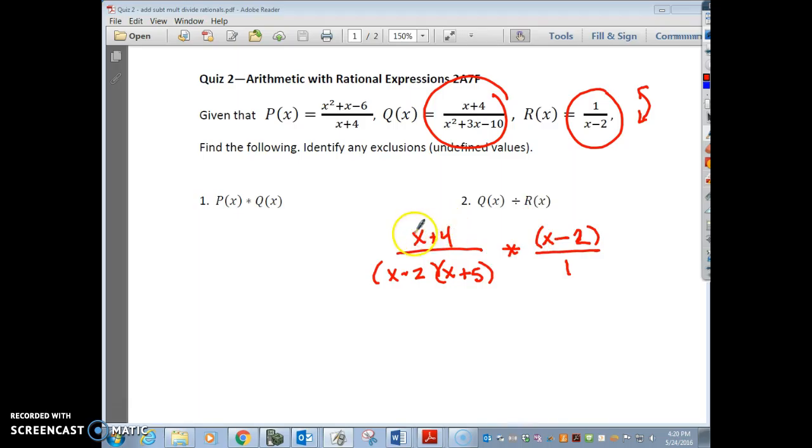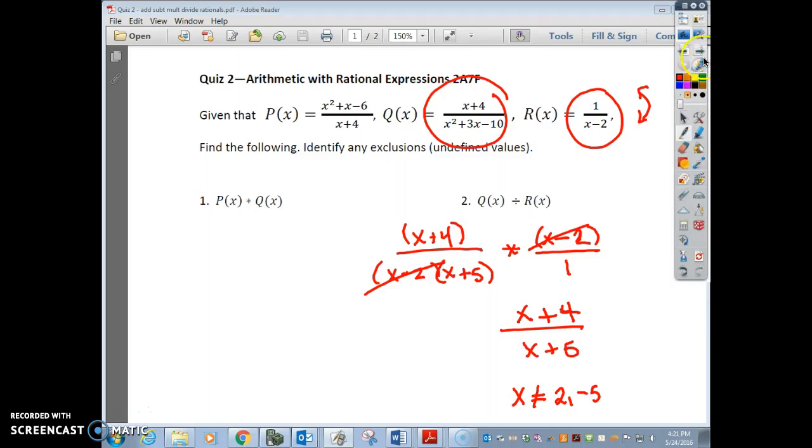So now if we multiply straight across, we have x plus 4 times x minus 2 over, look at this, we have these two cancel out, and all I have left over is x plus 4 over x plus 5. Okay, now what about the exclusions? Any values that make the denominator equal to 0 are going to be 2 and negative 5 right here.